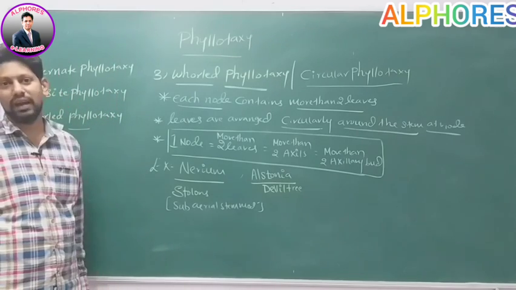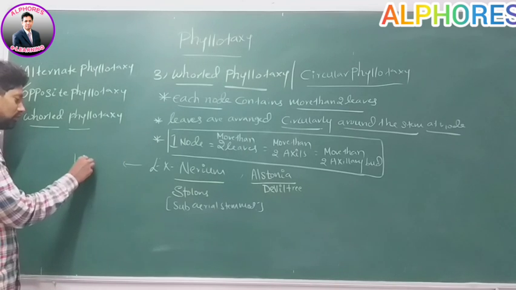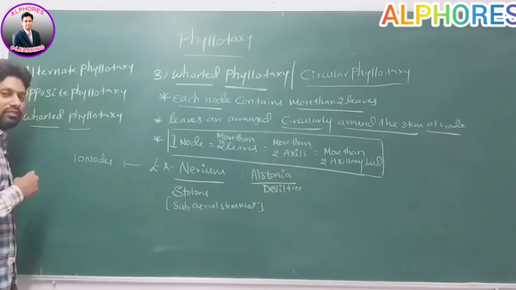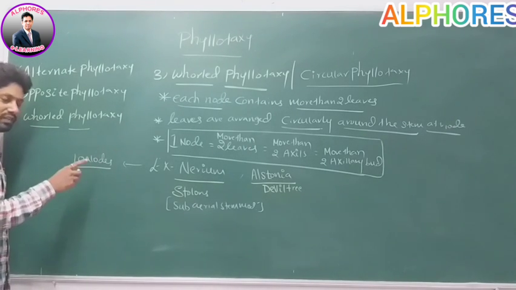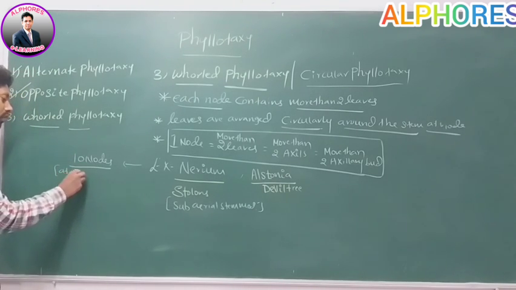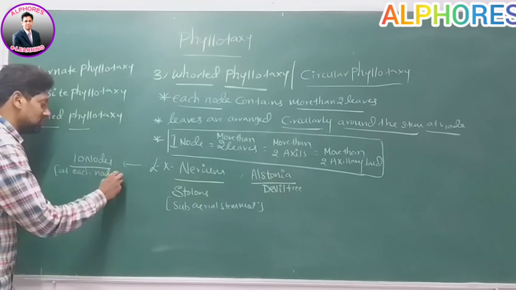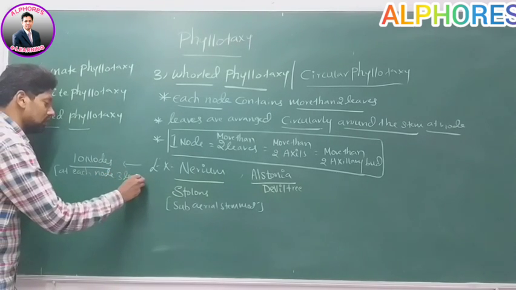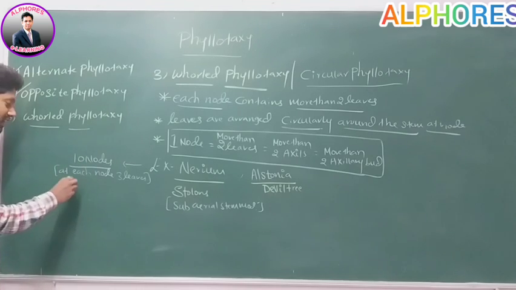If the question is asked like this, take a stem of a Nerium plant. For example, if the stem of a Nerium plant has 10 nodes, and at each node 3 leaves are present, then the total number of leaves on that Nerium stem will be: how many nodes are there? 10 nodes.